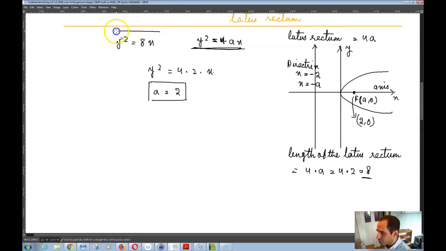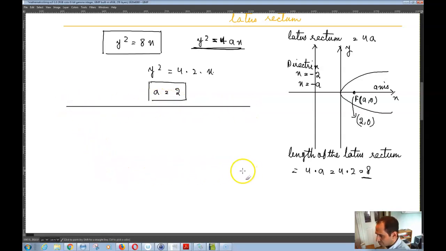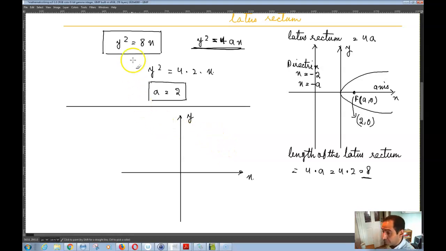If you want to draw the graph of this parabola, of course, you can have your coordinate axes, the y-axis and the x-axis, and then you can have a table of values, and basically you can have your x and y over here.